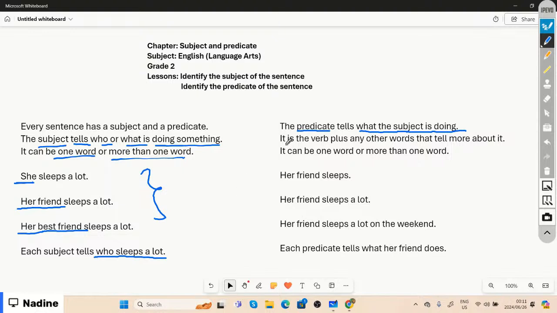Our predicate is the verb plus any other words that tell us more about it, which means our predicate can either be one word or more than one word.